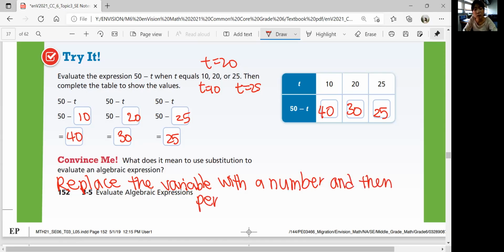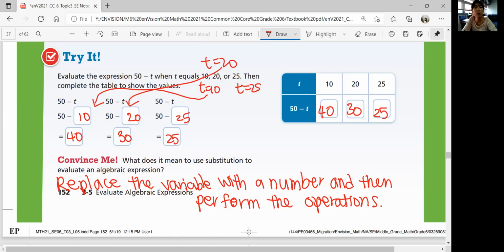Perform the operation. So if t equals 10, substitute and perform. T is equal to 20, substitute and perform. T equals 25, substitute and then perform the operation. Solve for it, for different t's.